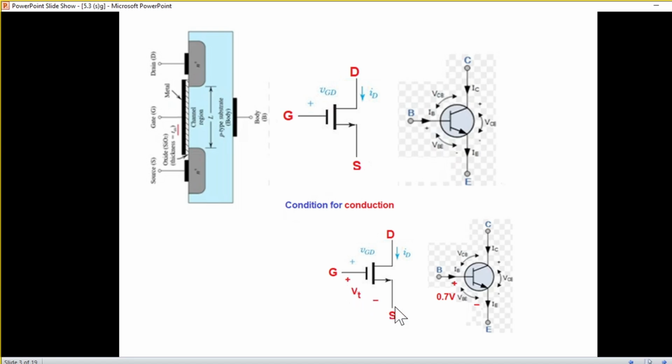It depends on the type of transistor how much the voltage is. And for conduction, the gate to source voltage, VGS, has to be greater than or equal to VT. That is the condition.